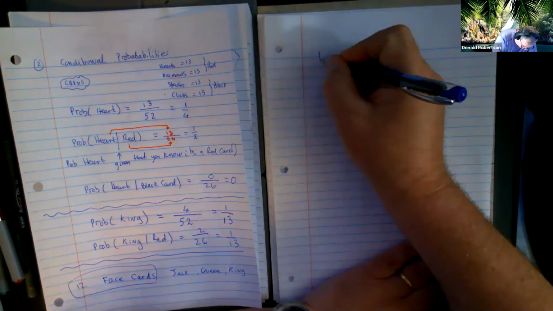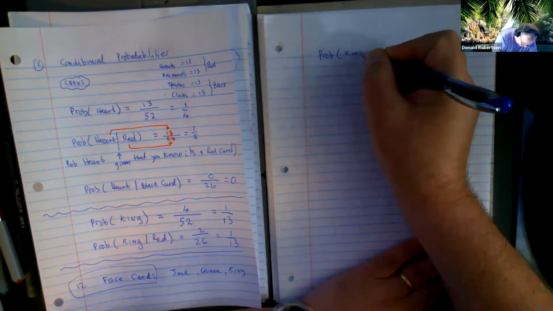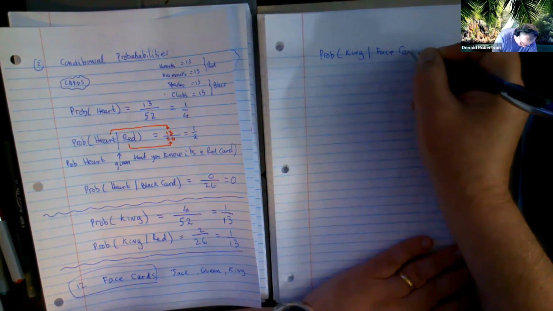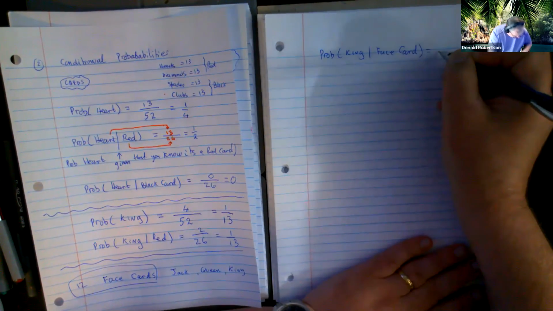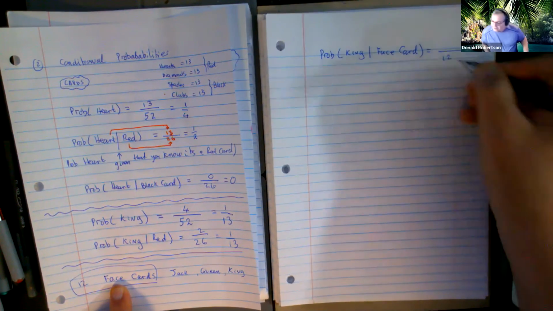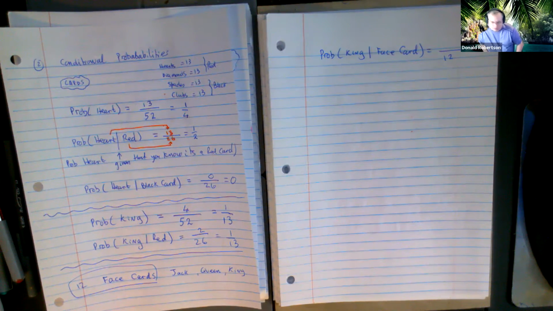So what's the probability that you get a king given that it was a face card? So in this story, you'd say, well, you tell me it's a face card, so I know it's one of these 12. Now, how many of the face cards are kings?